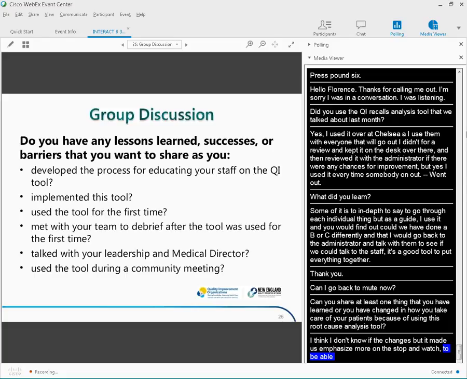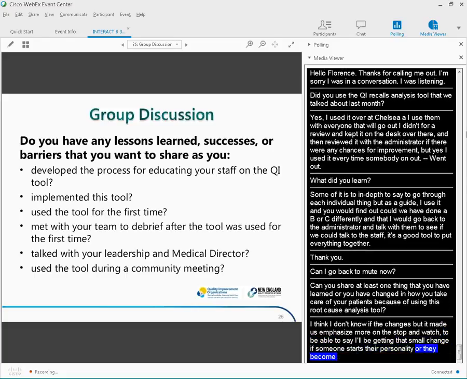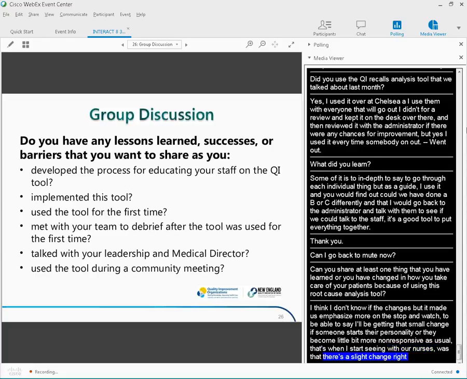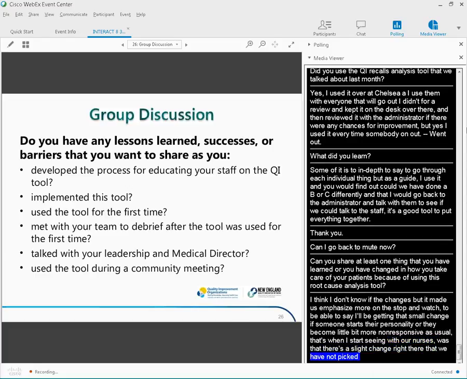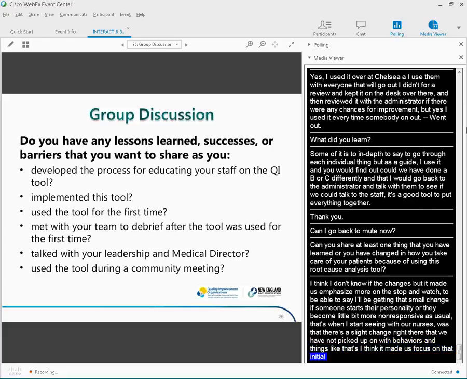If someone starts changing their personality, or they become a little bit less responsive than usual. That's what I started seeing with our nurses' notes, that there's a slight change right there that maybe we did not pick up on with behaviors and things like that. So I think it made us focus a little bit more on that initial small change. Excellent. Thank you, Billy. All right, thanks, guys.